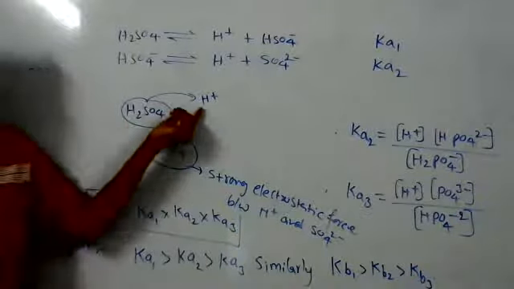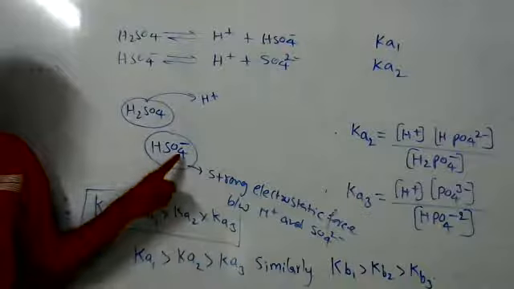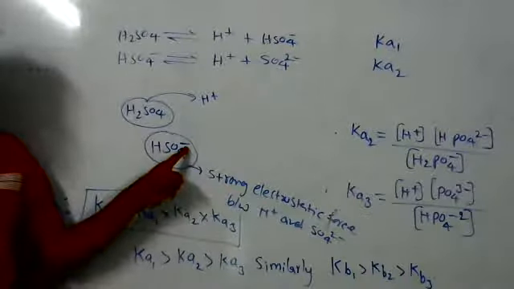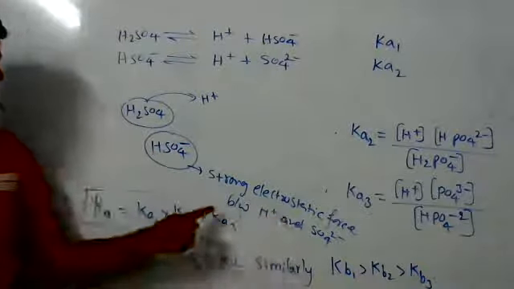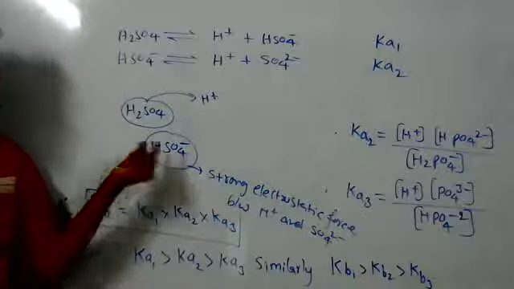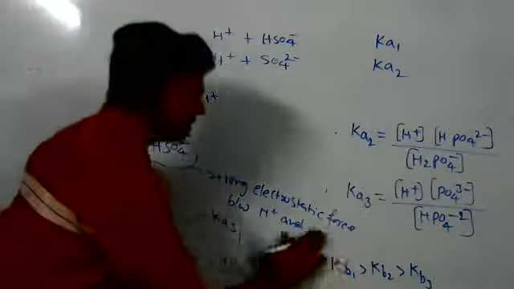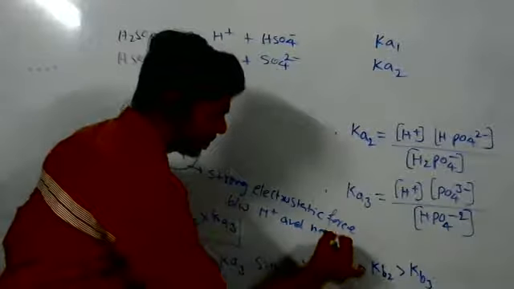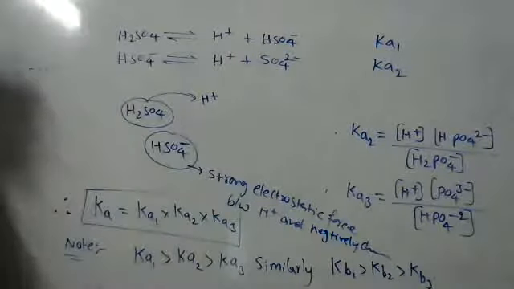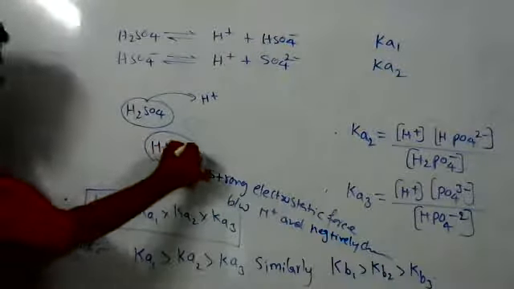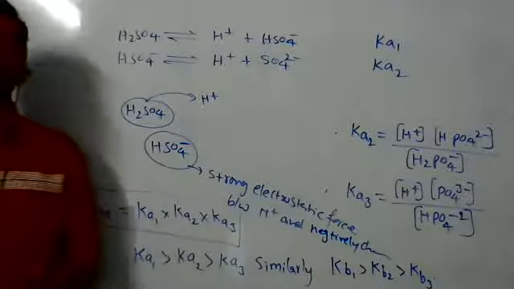If we come to HSO4-, it is carrying a negative charge, so removal of a proton is much more difficult because of the strong electrostatic force of attraction between this H+ ion and SO4 2-. If the species is negatively charged and the magnitude of negative charge increases, the ability to donate H+ ion decreases.